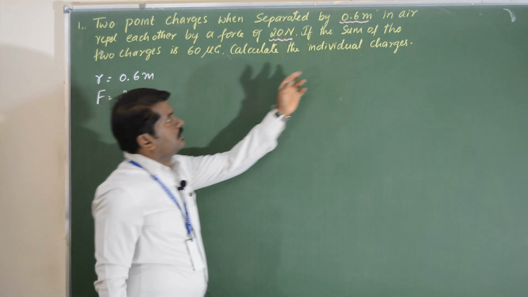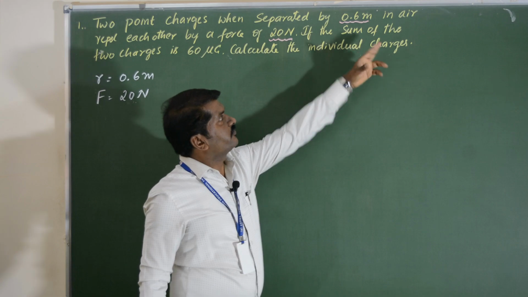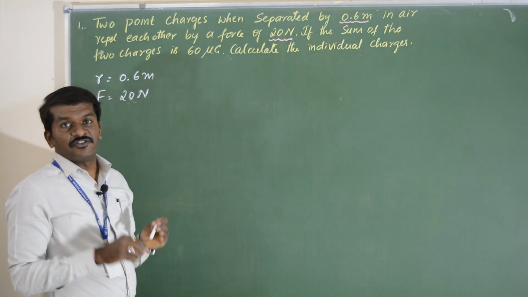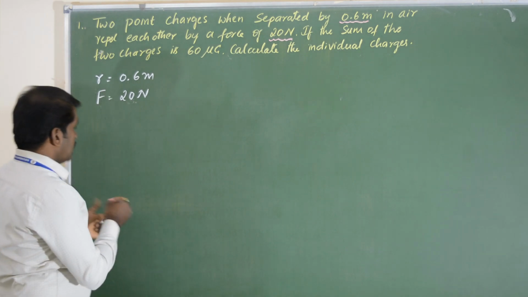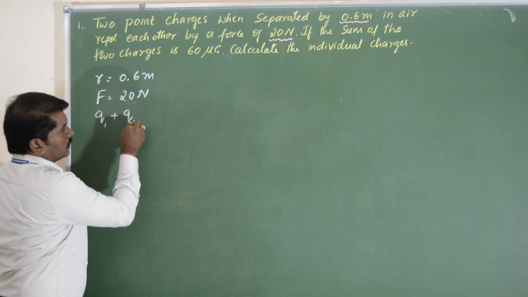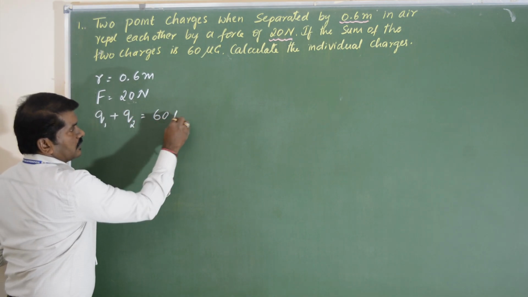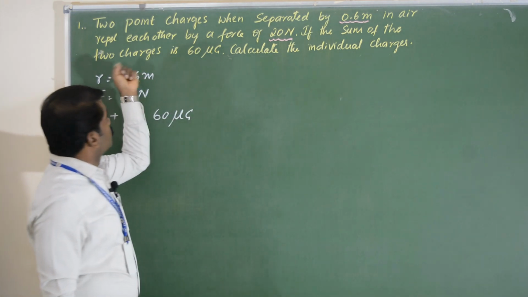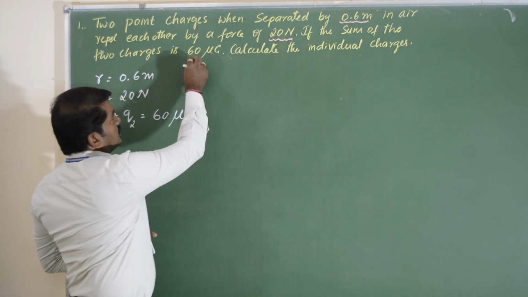And then the sum of the two charges is 60 microcoulomb. If we add the two charges, I'll take it like this: let Q1 plus Q2 is equal to 60 microcoulomb. They have given the sum of the two charges is 60 microcoulomb.